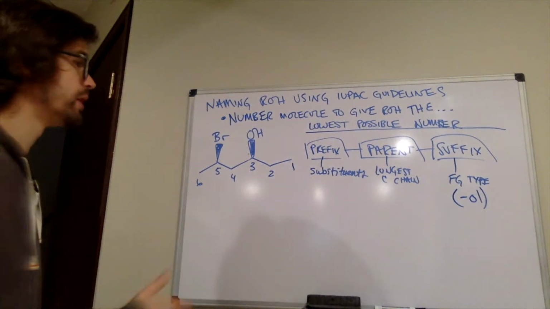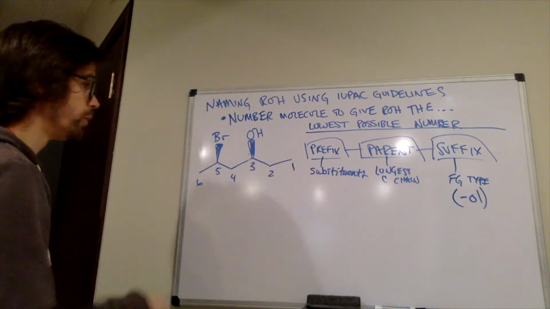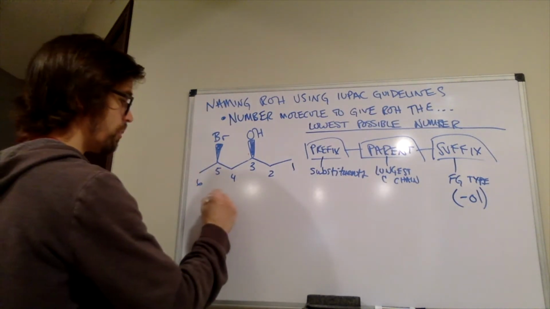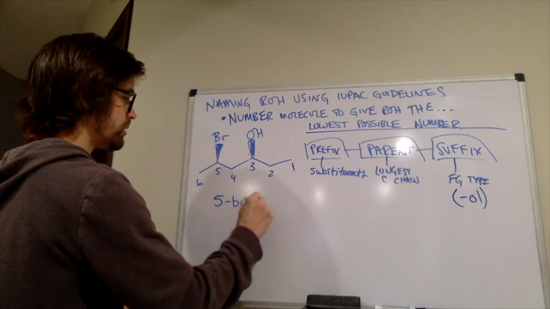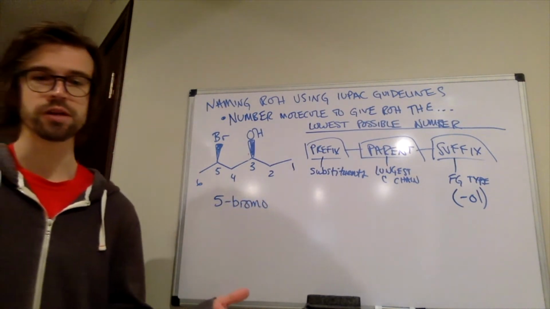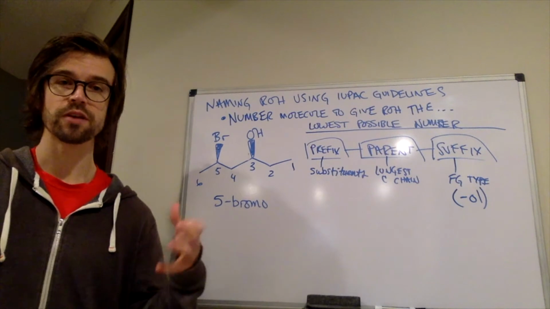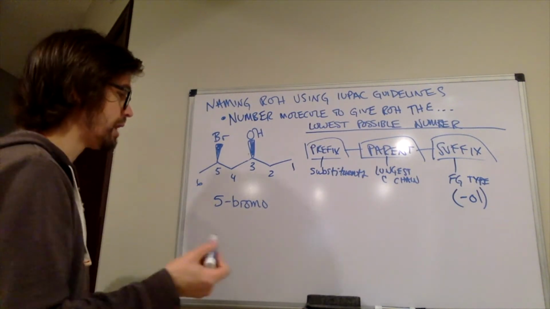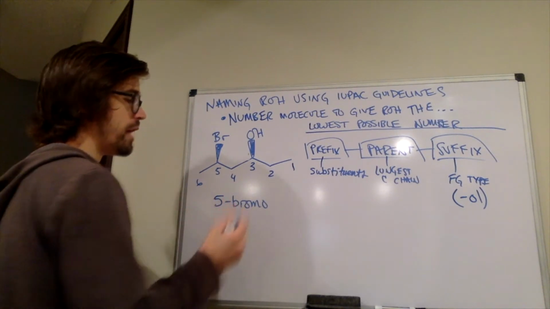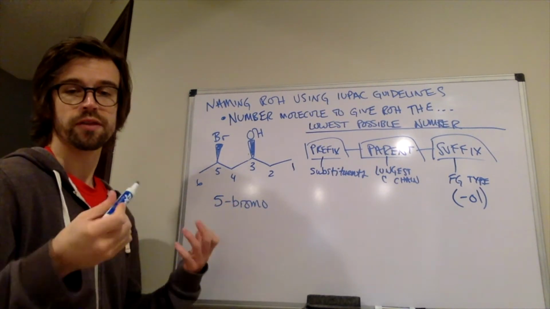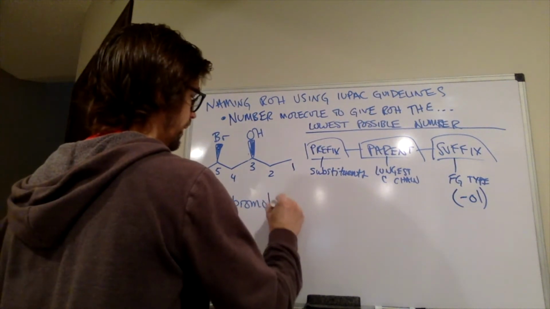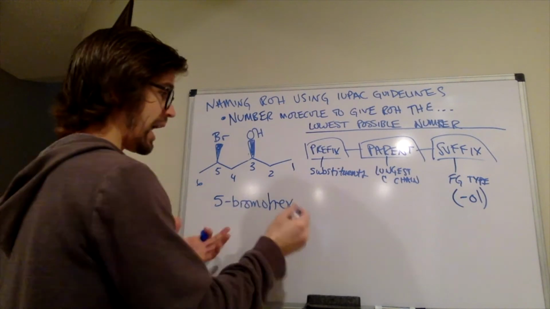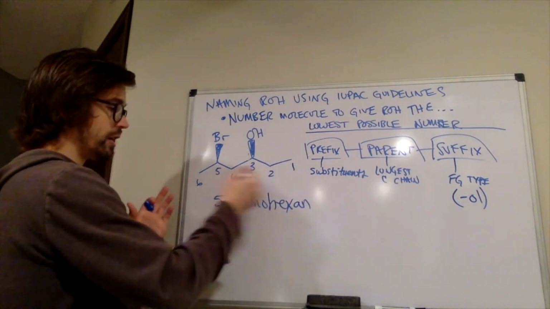So hopefully that isn't too much of a stretch. But essentially the way we're going to name this is we're going to say where our substituents are. We only have one substituent on here. It's the bromo. So we have 5-bromo. And actually, this is a good time for you, again, to pause the video and try and name this yourself. So you've done that. You've already come back. You've named it. So 5-bromo. And then we are going to put the parent next. So 5-bromohex. And then ane, it's hexane for there is an alkane.